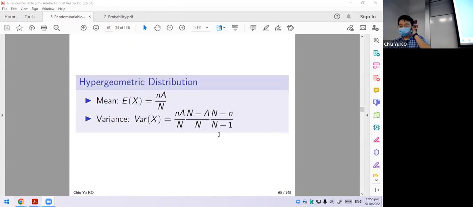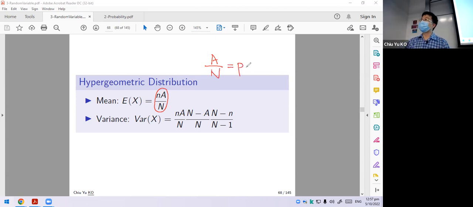So in this particular one, the mean will be just n times a over N. This is somewhat a little bit surprising, because a over N is indeed the same as p.